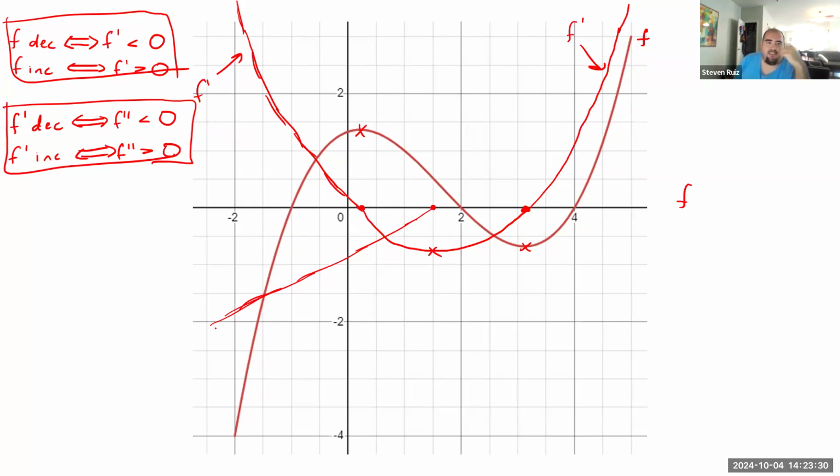So because of that, the further left I am, the more negative my values are going to be. By a very similar line of reasoning, as I move to the right, I can see that my slopes are increasing. So I'm going to continue this linear trajectory here. I wasn't going to draw an arrow, but I really only defined this function for a little while. So this straight line right here, this is f double prime.